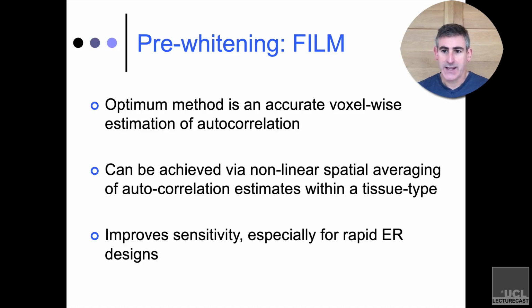And to do that, he had to take tissue separation very, very seriously. He had to say that, look, we're going to make a real effort to recognize how much gray matter is in this voxel, how much white matter is in this voxel, and how that changes over time. That's hopefully resolved through realignment. And by doing that, he can do his estimates, which are noisy and therefore problematic, but then he can smooth the estimates in the same tissue type.